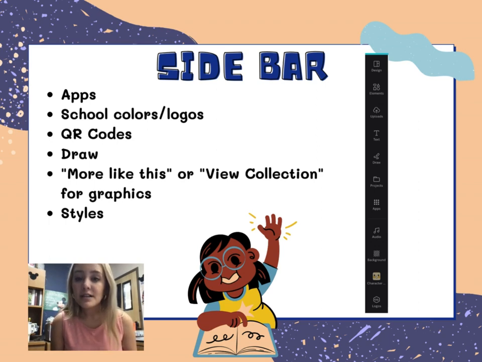Also, this one is kind of hard to explain. Hopefully you can find it. Our contact information is available at the end, so you can also email us if you are unable to make this work. When you have an image in your presentation, for example this little girl raising her hand, I can right click on her and you're going to see an option that says more like this or view collection.